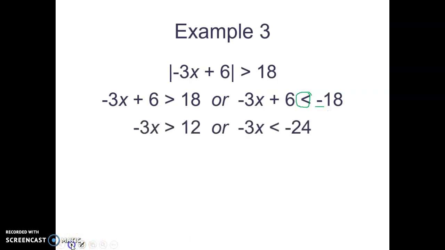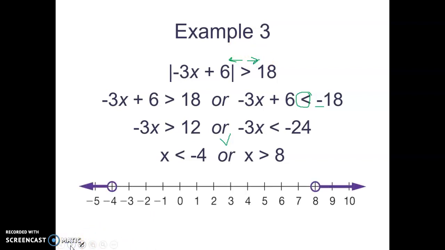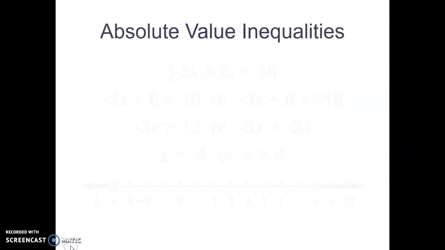Solving for x in both of these inequalities, we get x is less than -4, or x is greater than 8. Greater than goes 2 different directions, so we've got one graph going to the left and one graph going to the right. We cannot write our solution set as one inequality like we did with conjunctions.